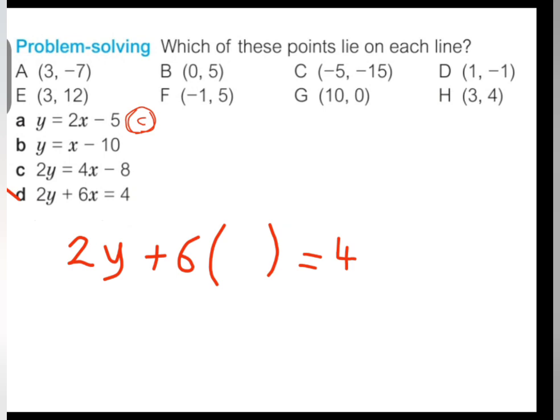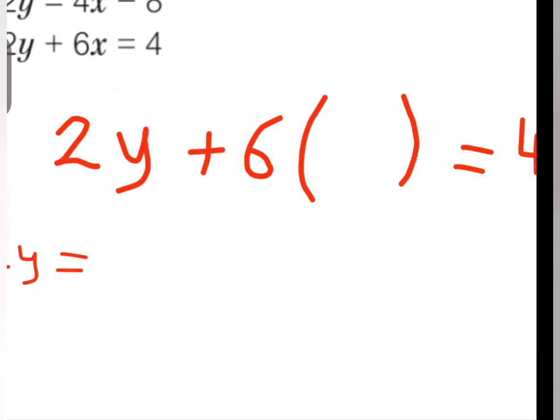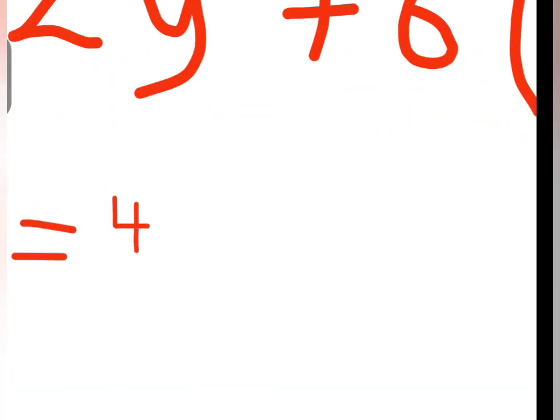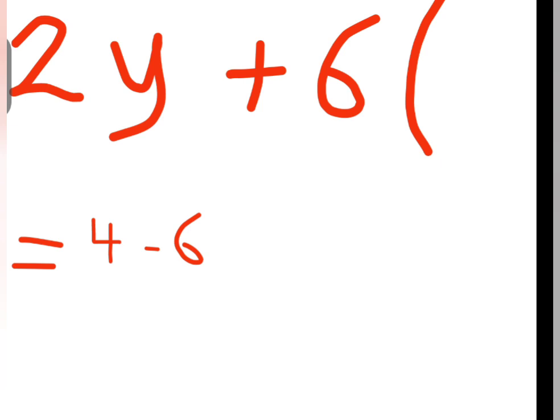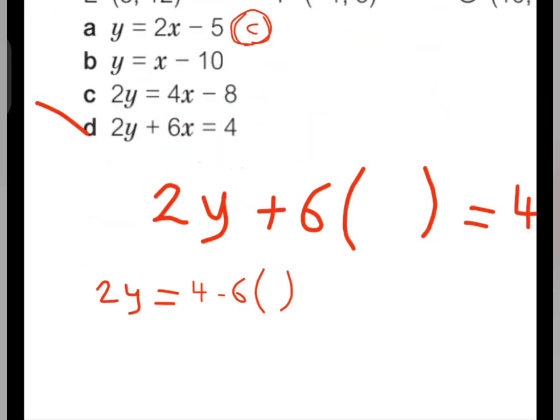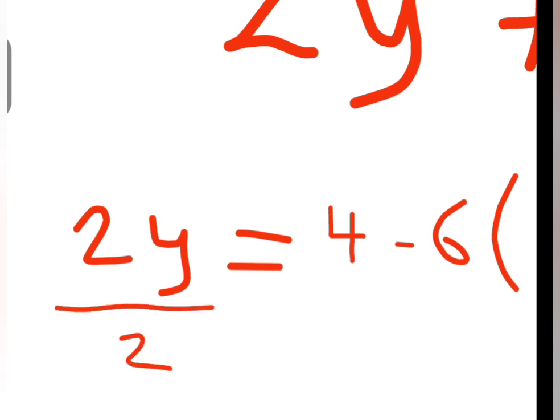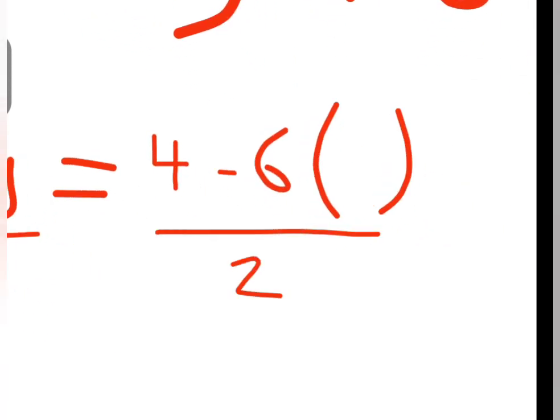It's going to be 2y equals 4 minus 6x, in which it's in the bracket. So we're going to work with it. And then at the end, we have to remove this, and it's multiplied. So we divide on 2 here, and we divide on 2 here.